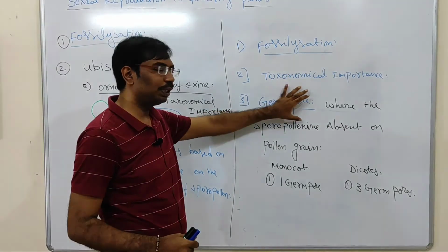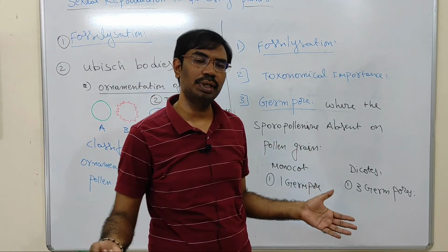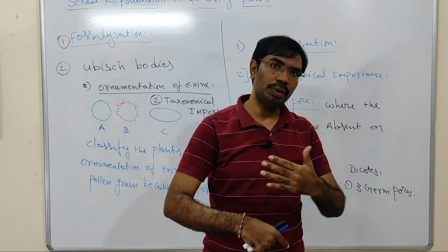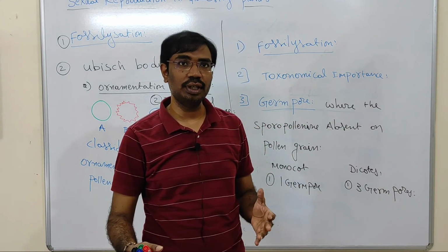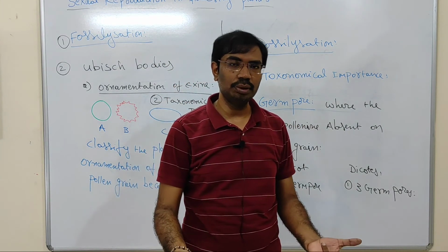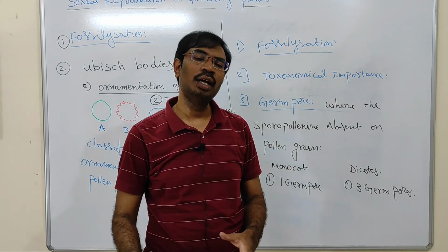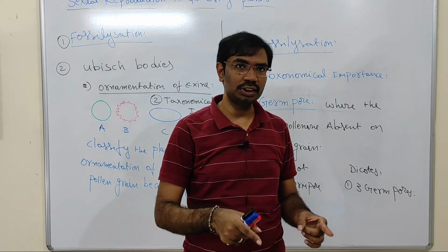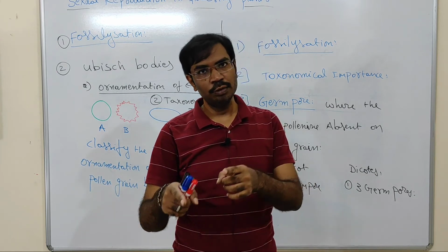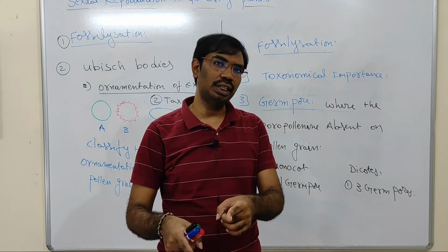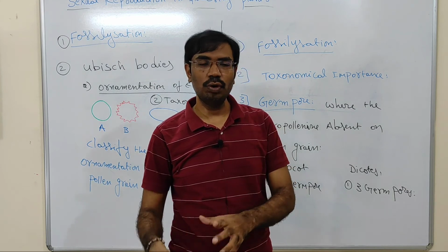Suppose the germ pore is completely absent, so there is no pollen germination. Pollen does not germinate on the stigma, so there is no formation of the pollen tube. Then there is no migration of male gametes from the pollen grain to the stigma and on to the ovules.